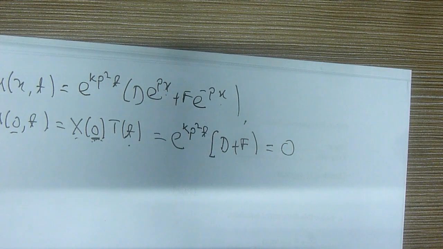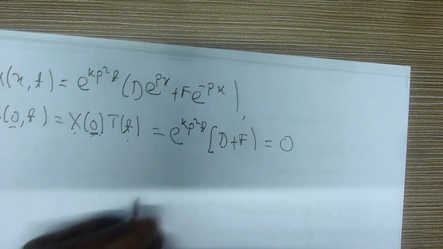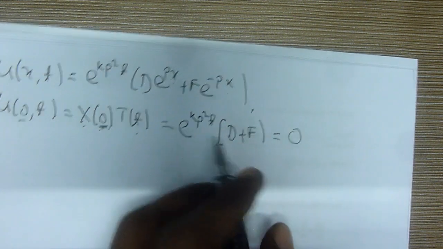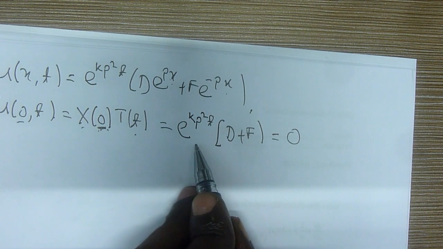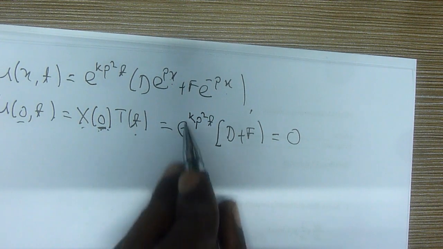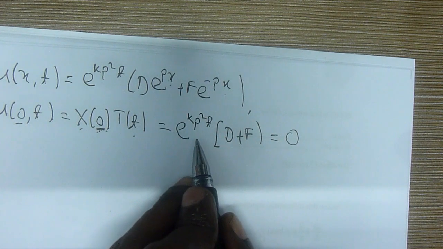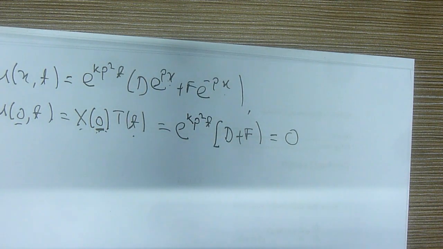In this scenario, we know this one cannot be 0. Of course, if it is 0, the whole thing becomes 0, and we cannot say temperature becomes 0. How can temperature be 0? Impossible. Why can temperature not be 0? We already learned: temperature at the boundary can be 0, but in the middle it cannot.